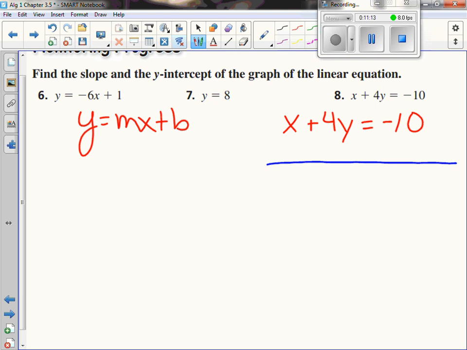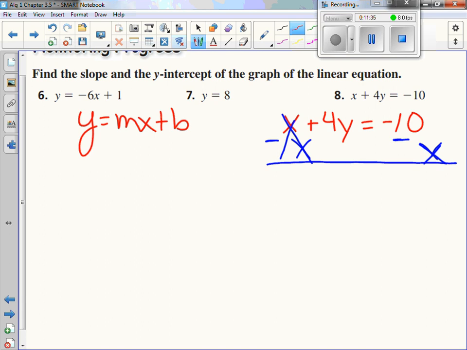Well, it'd be helpful if x was on the other side, yes? So I have to do something with x on both sides. What can I do with the x on both sides? How would I move it? Add, subtract, multiply, divide. We would subtract because x is positive. We're going to subtract x from both sides, because x minus x will be 0.